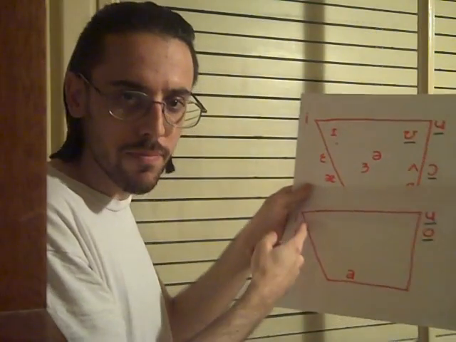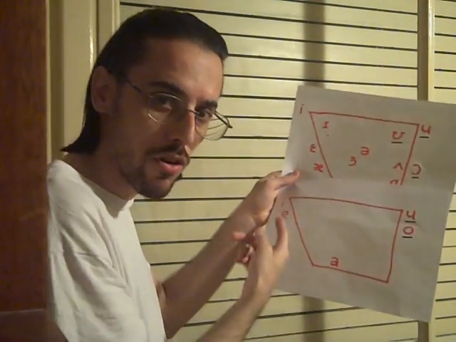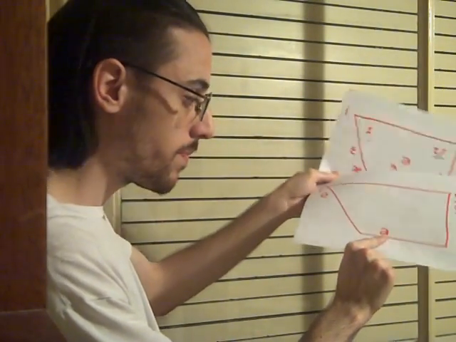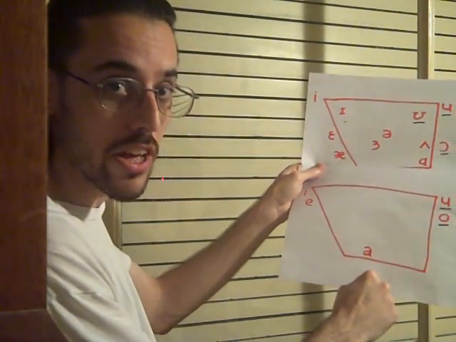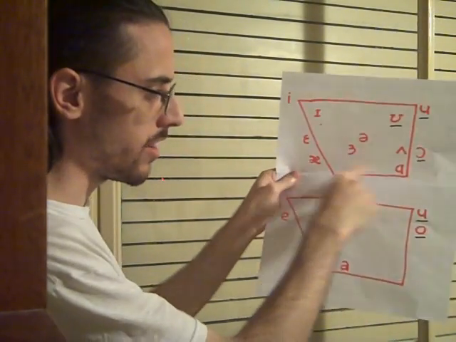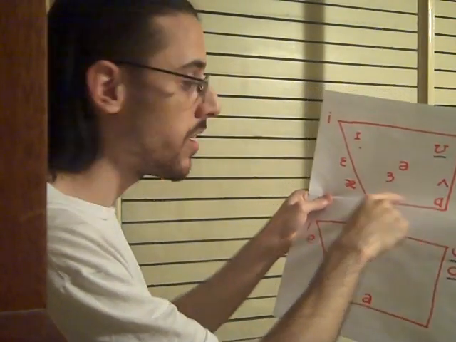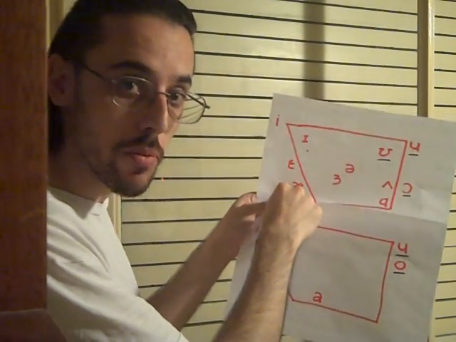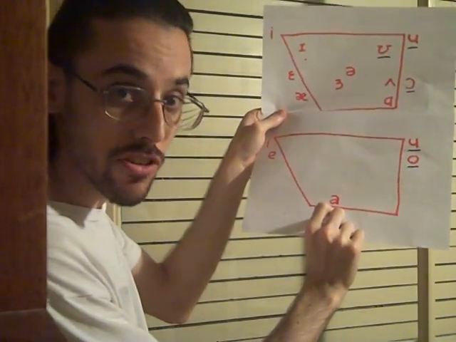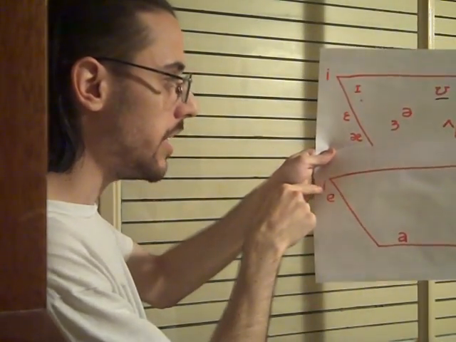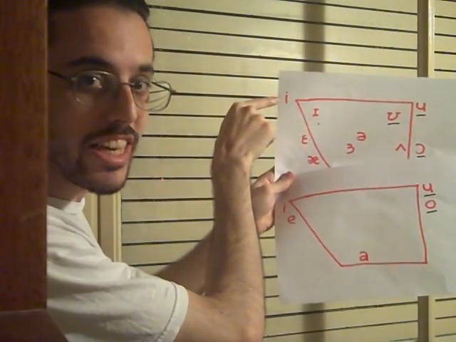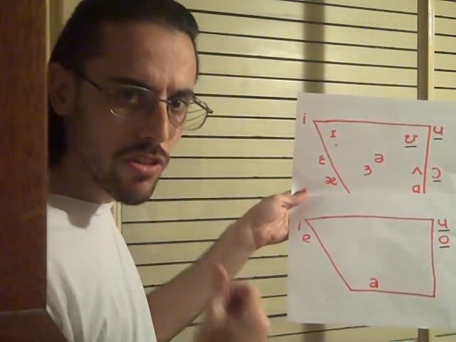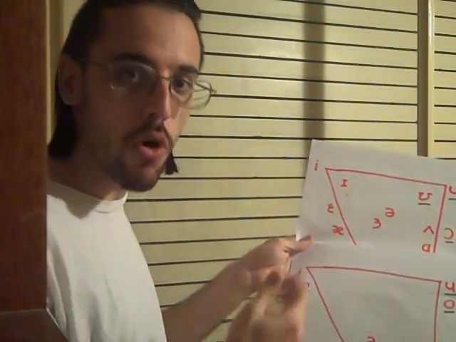Drawing on the spatial metaphor of this chart. So then you have this A, which is central and open. If you take a look at English, you have A, which is backed and open, and A, which is more fronted and open. In Spanish you have A, which is central and open. And then you have E, which is very similar to English E. I think the difference is that English E sounds more tense because it's slightly more fronted.